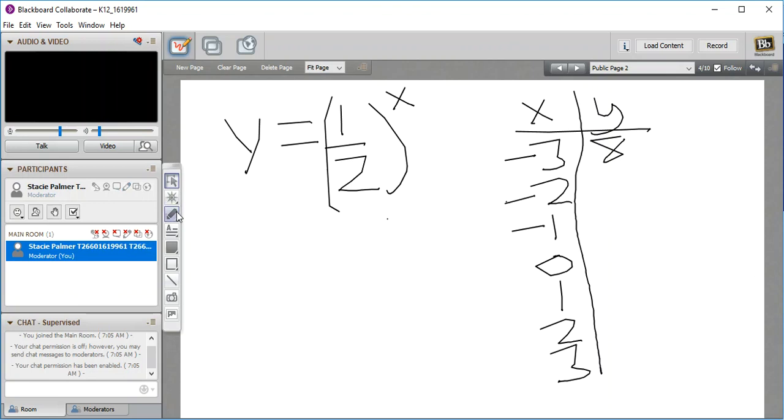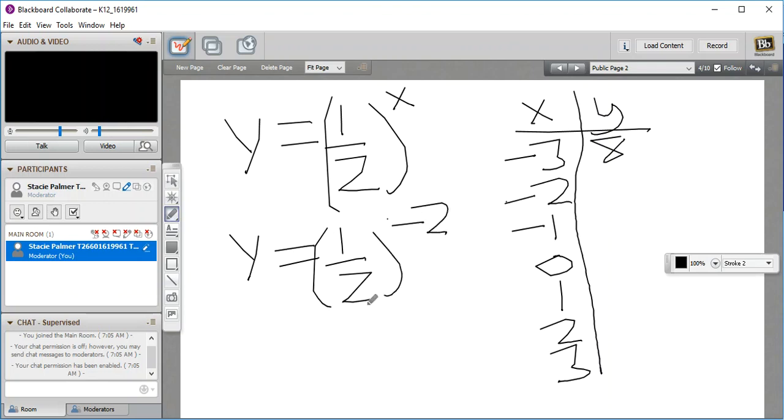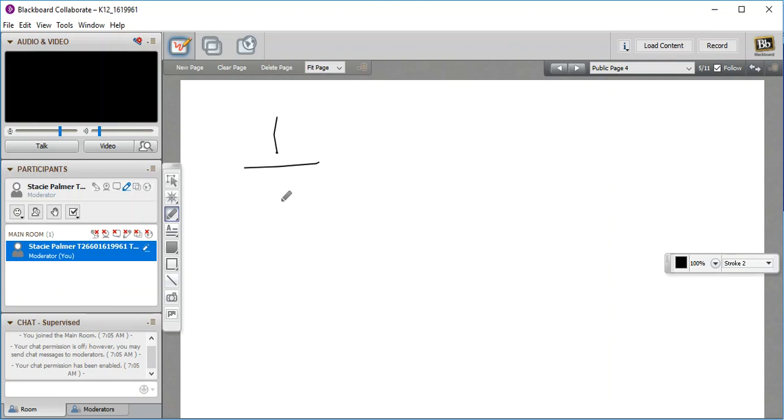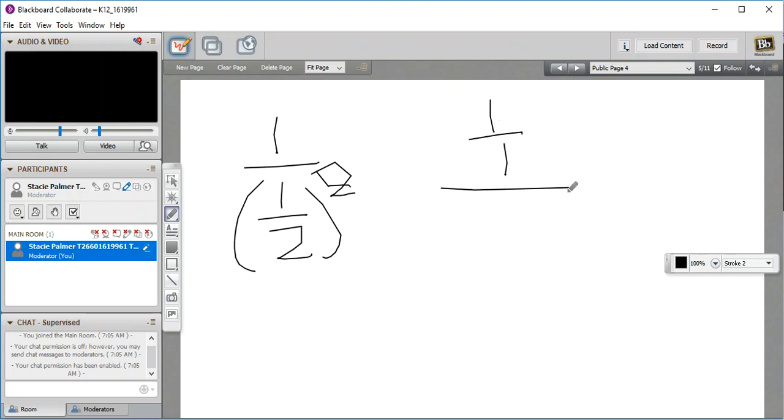Let's let the x be -2. So we're going to do the same thing here. We need to take this 1/2 to the -2. We're going to rewrite this as 1 over 1/2 raised to the positive 2. We know the top of our fraction is 1 over 1, because to make 1 a fraction, we just put it over 1.